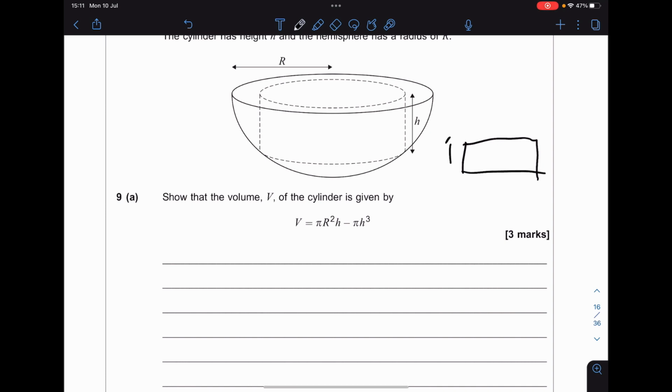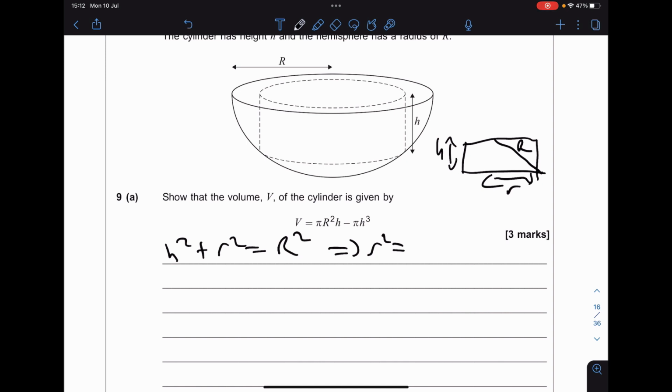We've got the height of the thing here. Okay, we've got some distance r, some little distance r. Okay, so we know that h squared plus r squared will end up giving me big R squared, i.e. r squared is going to be big R squared minus h squared. Cool. We know that the V is going to be pi r squared h.